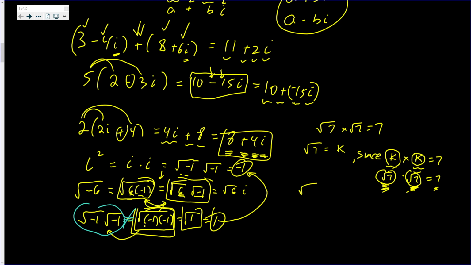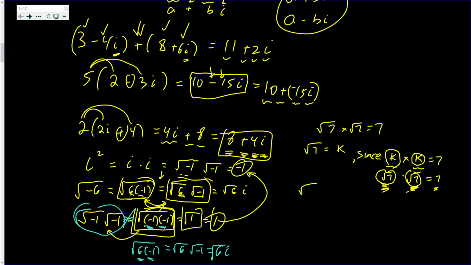Because, as I said very clearly, you can break up 6 times -1 into the product of the square roots, because not both of these numbers are negative. 6 is not negative. Both of these numbers are negative.